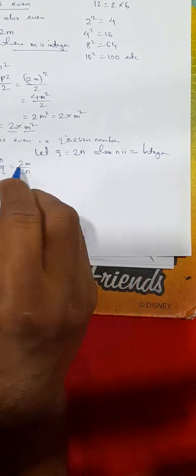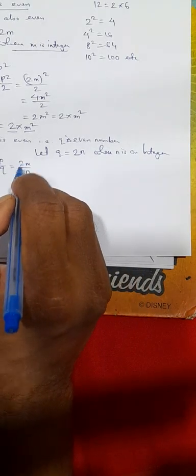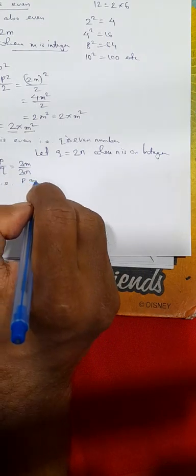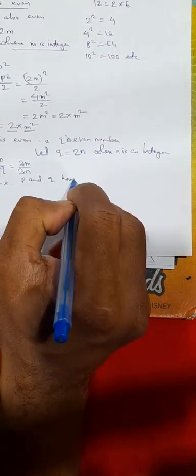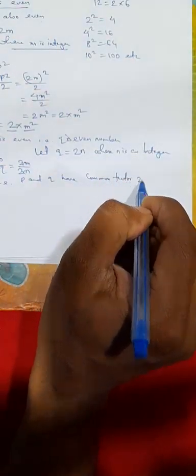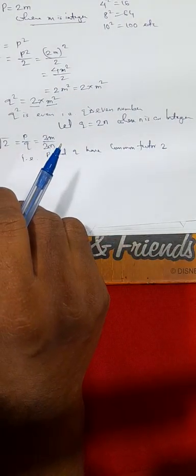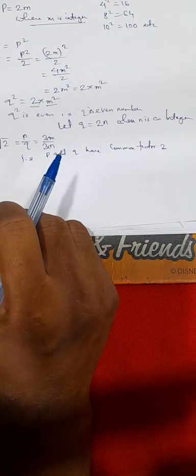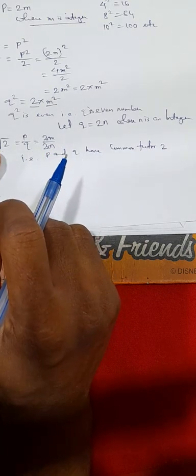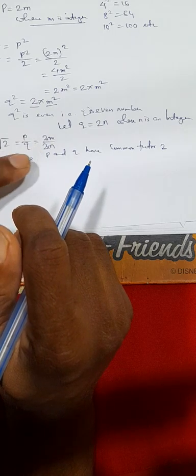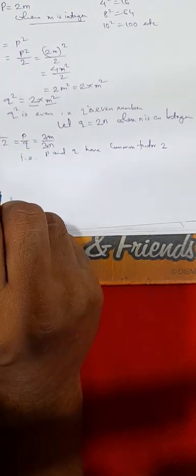That means p and q have a common factor 2. But earlier we considered p and q are integers, and p and q are co-prime. That means they don't have a common factor. But here we got that p and q have a common factor, that is, 2 is a common factor of p and q. So we got a contradiction.